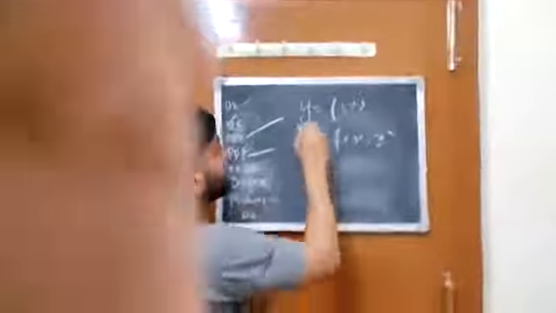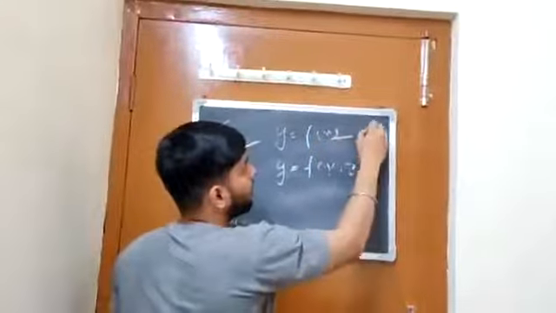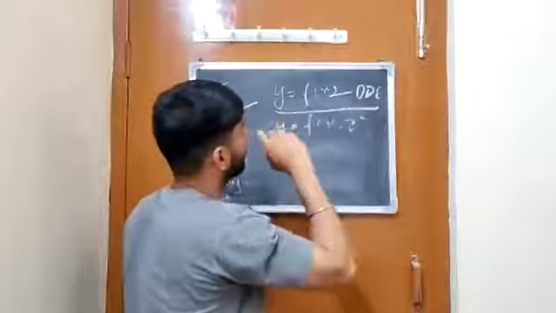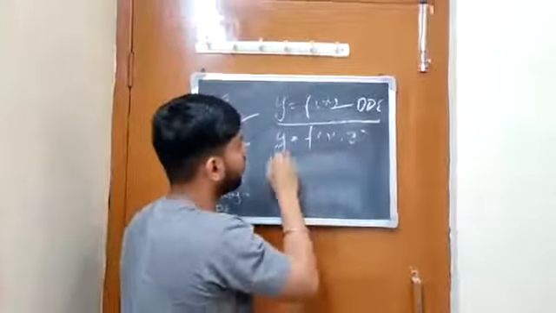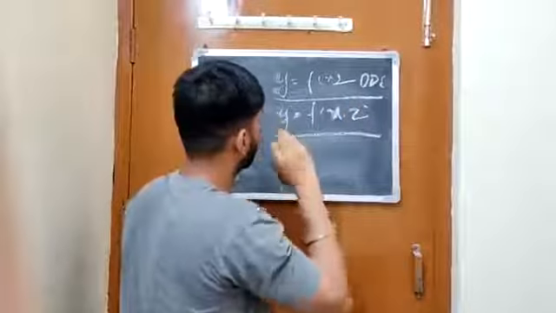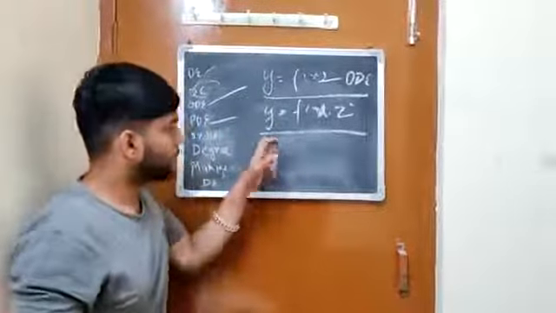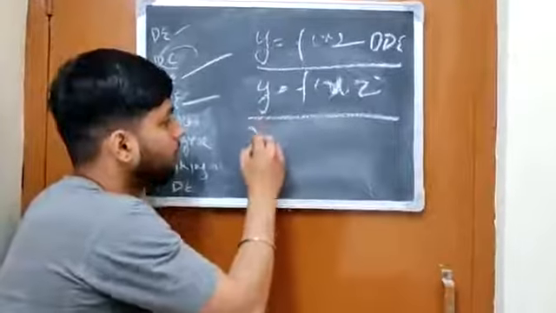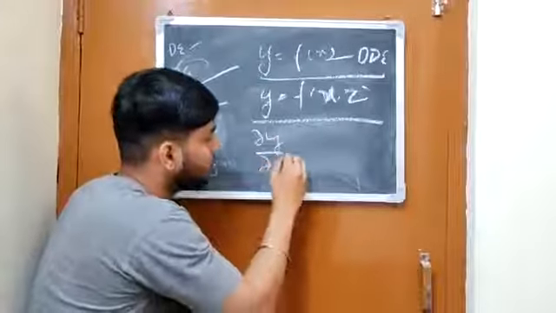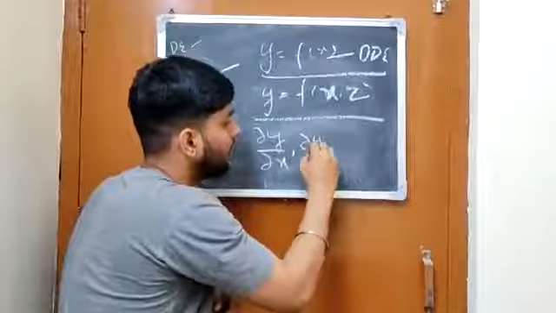When we differentiate this equation, we get an ordinary differential equation. Now the question is how we will differentiate this equation to get a partial differential equation. Differentiating this equation, we will get del y by del x, comma, del y by del z.